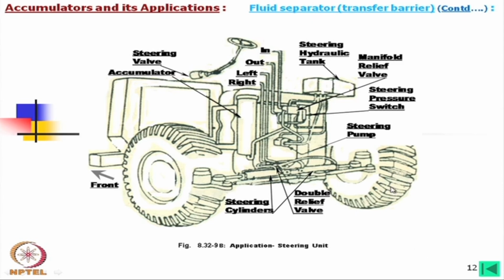Without this accumulator, this will also operate, but in that case you have to not only give more effort, more load, but also more motion to get the steering action. The accumulator will reduce such additional effort.